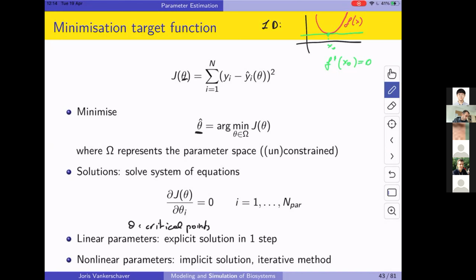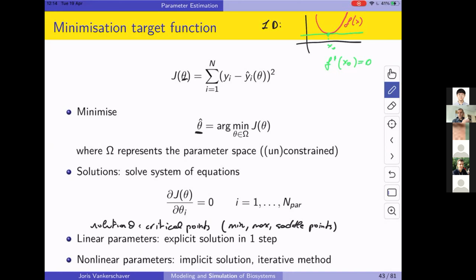So the solutions of this system are the critical points. They could be minima, maxima, or saddle points, so neither minimum nor maximum, but the minima are going to be part of those critical points. So you can check which one is minimum, which one is maximum. In practice, it turns out that this is not really a problem. The numerical algorithms will converge to the minimum because of numerical stability.